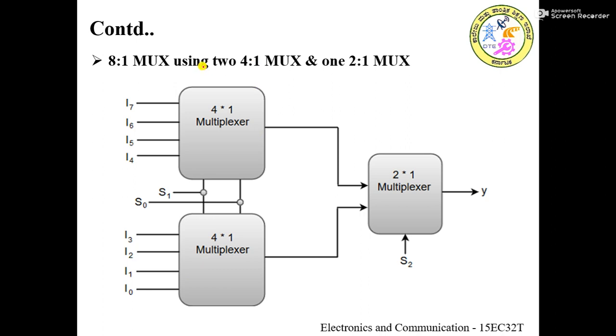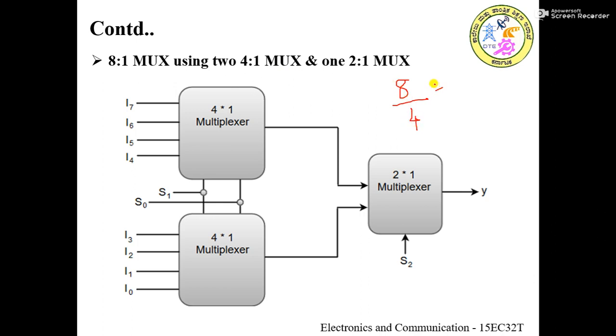So here we are going to implement an 8:1 mux using 2 4:1 muxes and 1 2:1 mux. Clear? So for an 8:1 mux, there will be 8 input lines. We have 4:1 mux and 2:1 mux available with us. First we shall divide 8 by 4.